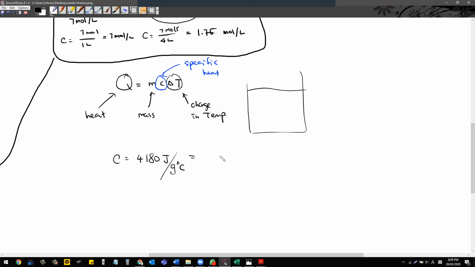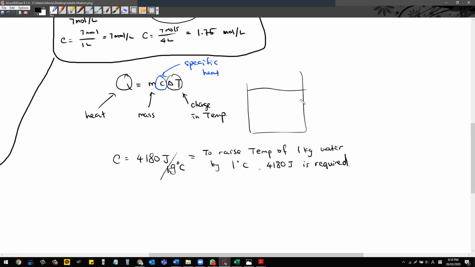So what that means is, this is actually kilogram. So what that means is to raise the temperature of 1 kilogram of water by 1 degree Celsius, 4,180 joules of energy is required.